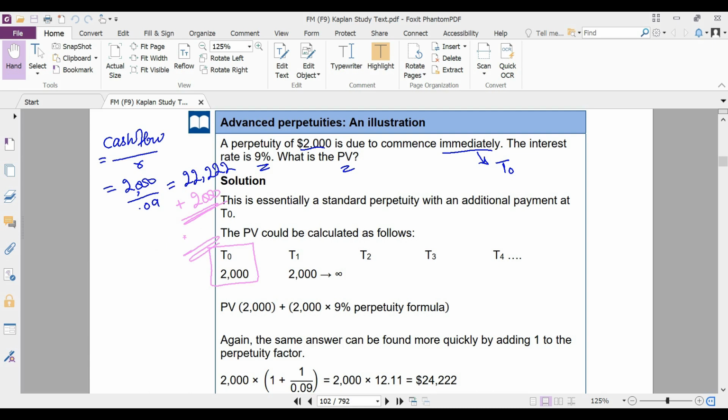So finally we will get the answer of 24,222. As in previous questions, we can also include 1 in this formula to calculate this amount immediately. So it is how we can calculate it by adding 1. So these are two alternative methods by which we can calculate perpetuities.